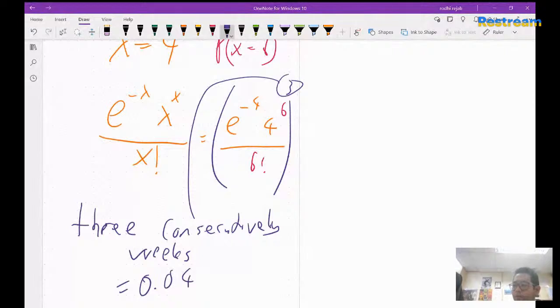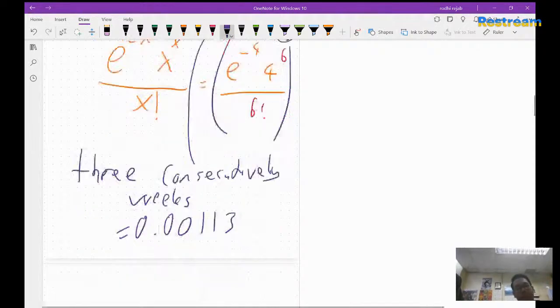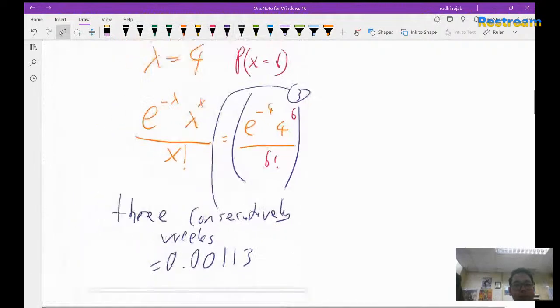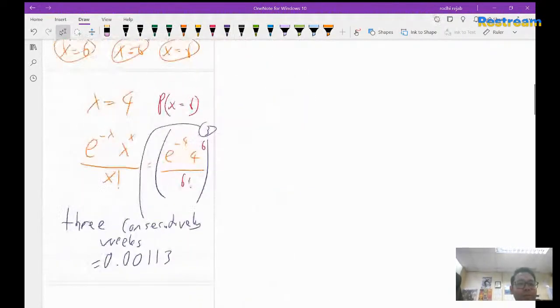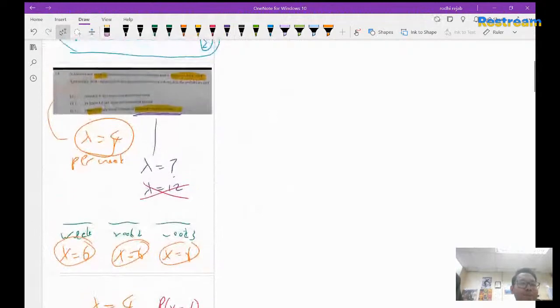To the power of 3. It's a small number. 0.001113. Alright. Okay, beware. This is the tricky question that I think can come out in exams.